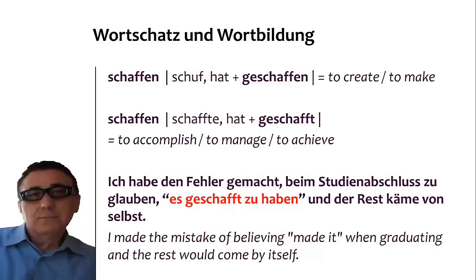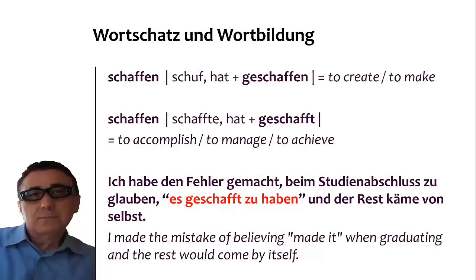Let's look at this German sentence. Ich habe den Fehler gemacht, beim Studienabschluss zu glauben, es geschafft zu haben, und der Rest käme von selbst. As you already see, in this German sentence, there are some new grammar structures which we haven't learned yet.